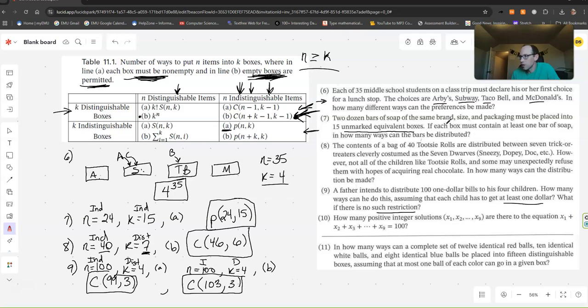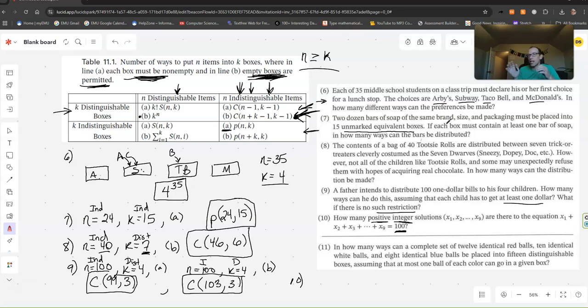Okay, let me do 10 at least here. How many positive integer solutions are there to the equation? This one starts to get tricky. I'm just going to go through the answer and maybe talk a little bit about it. But really what we're doing is distributing these 100 ones. You can think about ones. Why ones? Well, because we're talking about integers and positive.